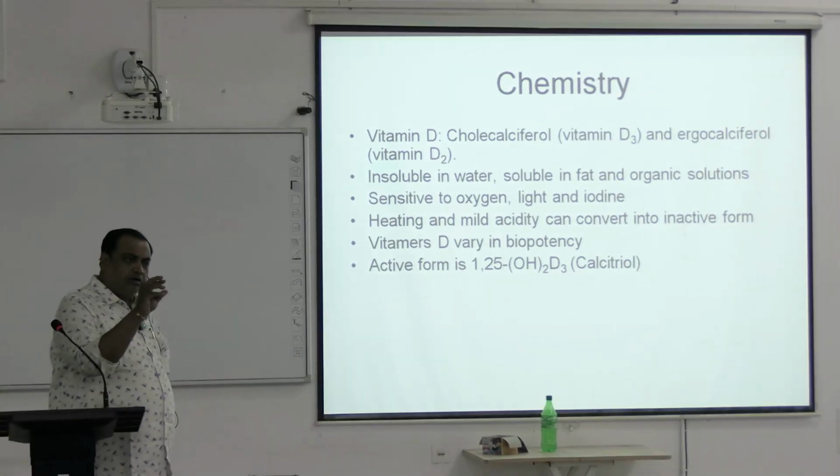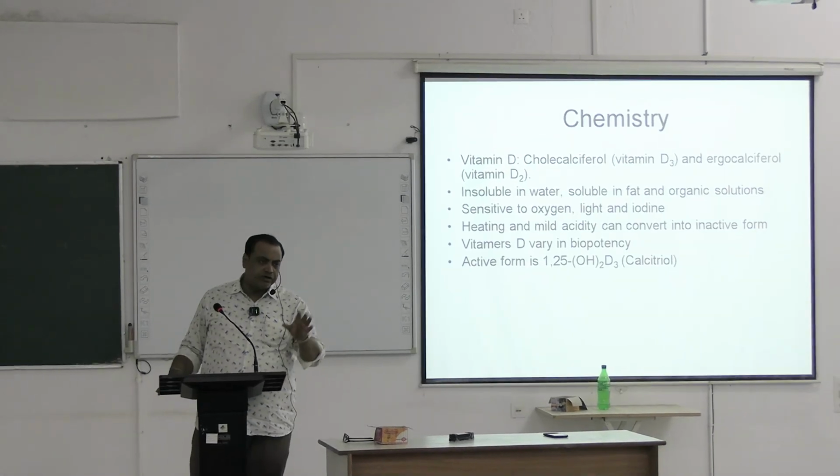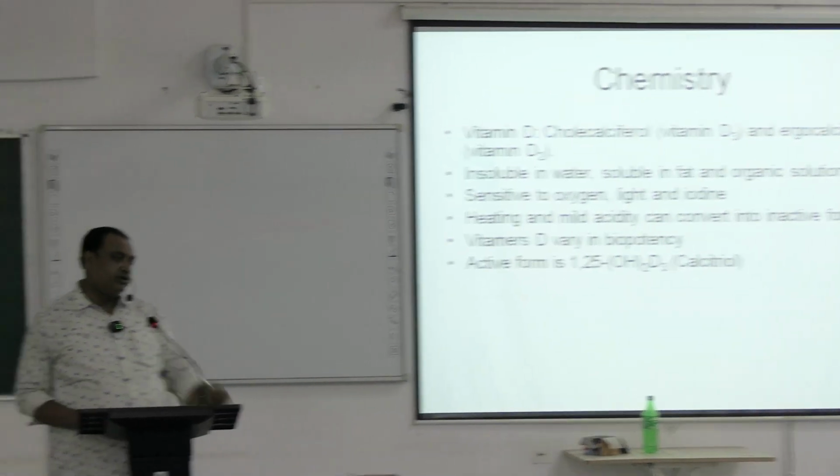The raw material for vitamin D biosynthesis in animals is cholesterol. But plants do not have cholesterol. They have a similar product called ergosterol. So the compound produced from ergosterol is called D2.